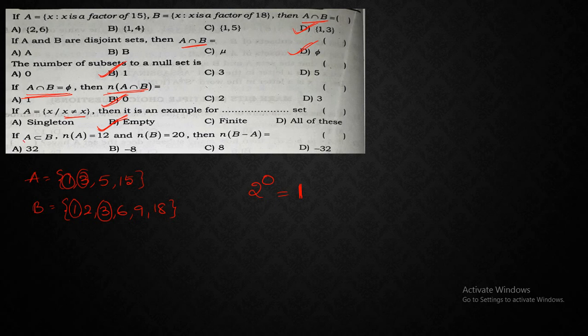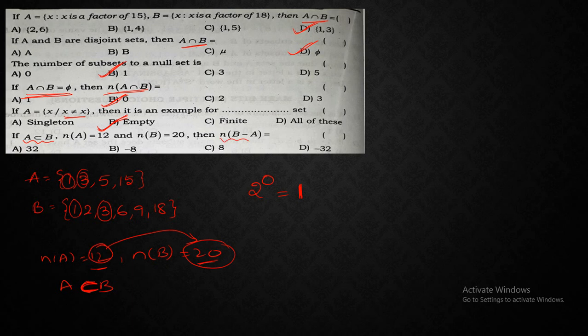Next, what he has given: A is a subset of B. n of A is equal to 12, n of B is equal to 20. Since A is a subset of B, these 12 elements will be completely present in these 20 elements.